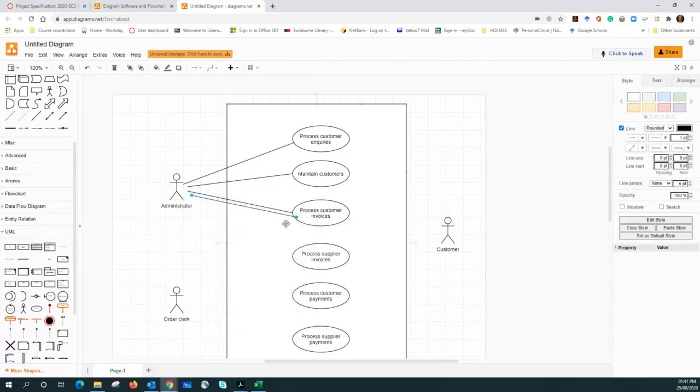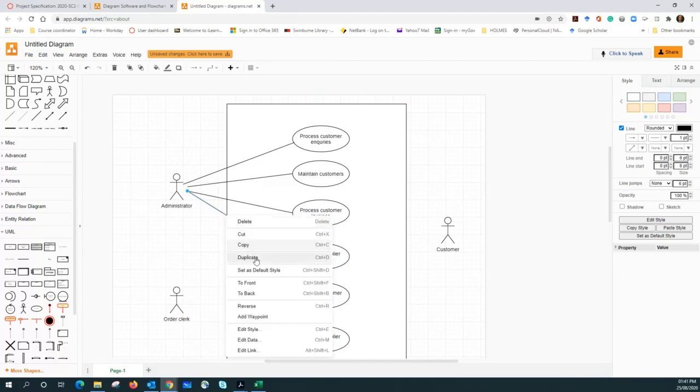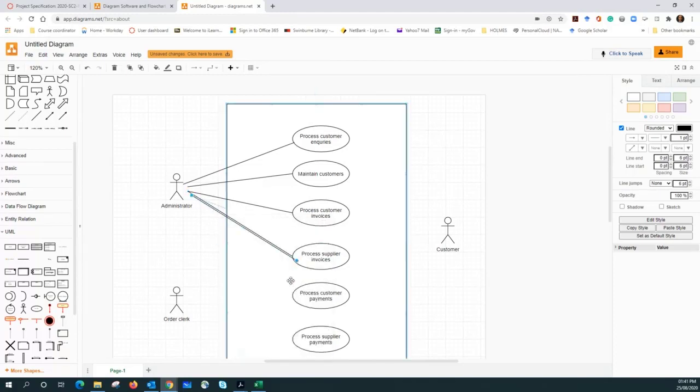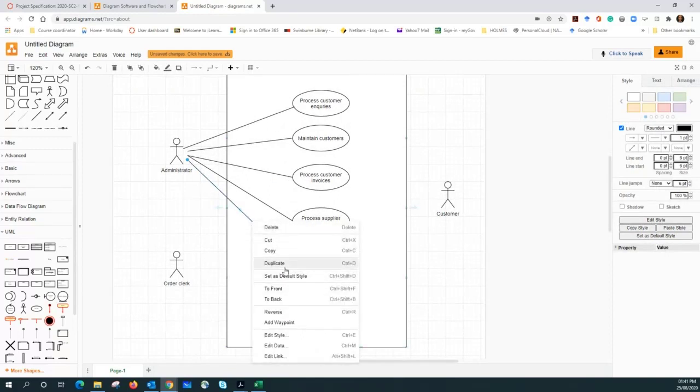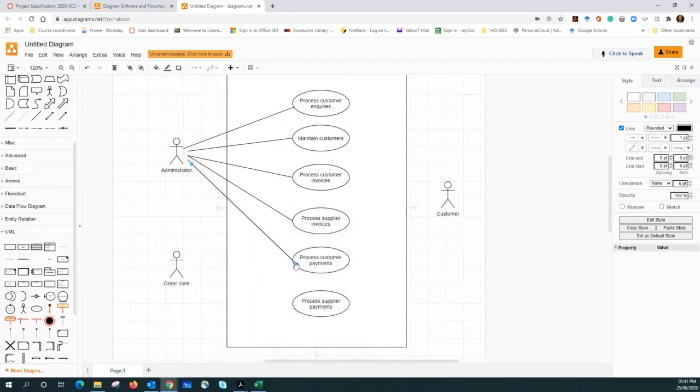And duplicate. Duplicate another one. Right.